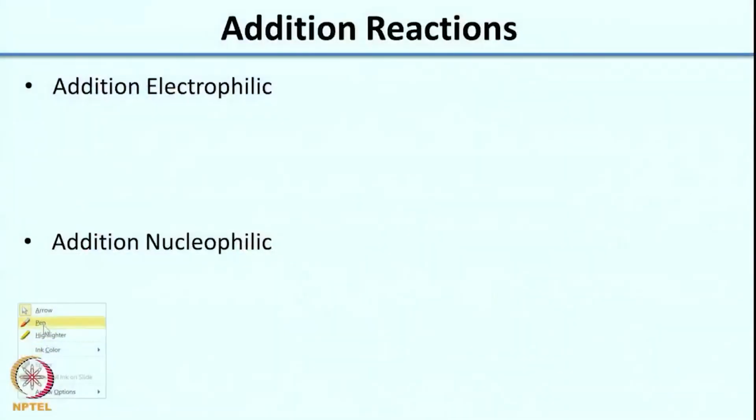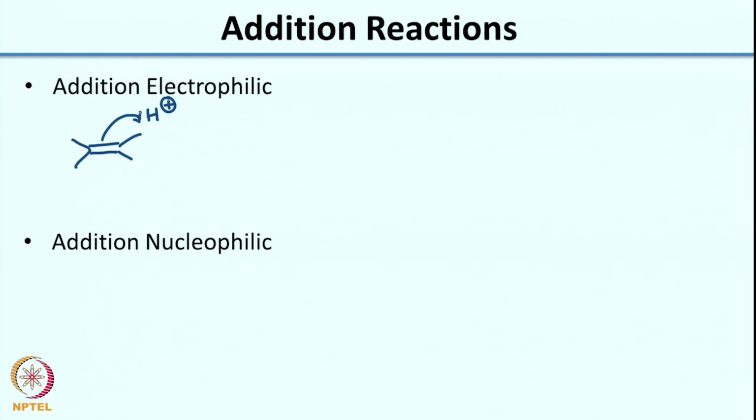You can again classify this as addition electrophilic and addition nucleophilic. So, one way is you can think of a double bond, and when you think of a double bond, you can think of the double bond actually grabbing an electrophilic species or a sink. So, here you have the addition to the double bond of an electrophilic species.